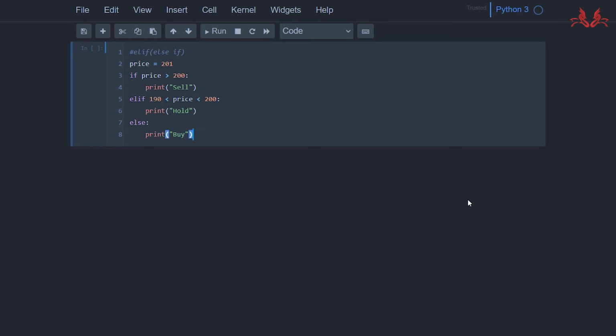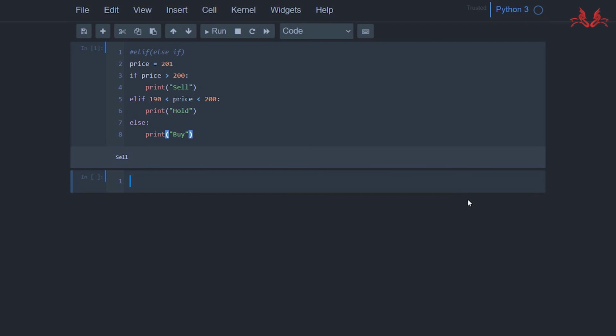Alright, let's execute it. As you can see, it outputs sell because the price is 201. It's bigger than 200. It is the condition of if, so it outputs sell. Or we change the price to 193 and execute it again.